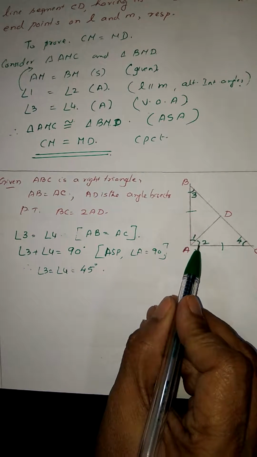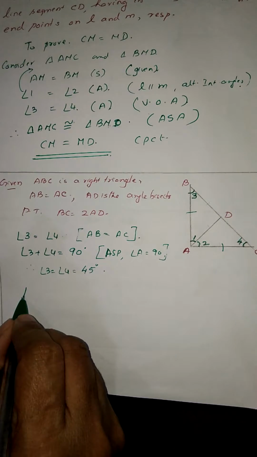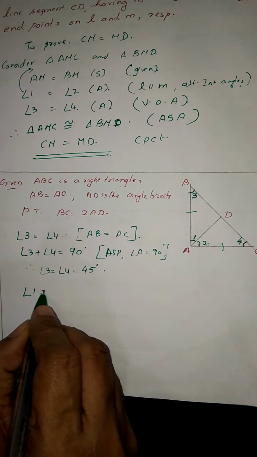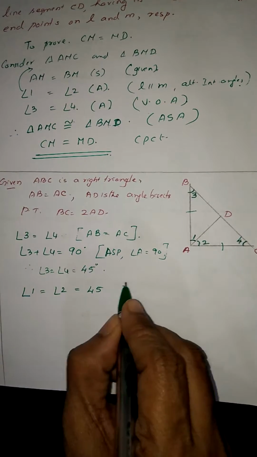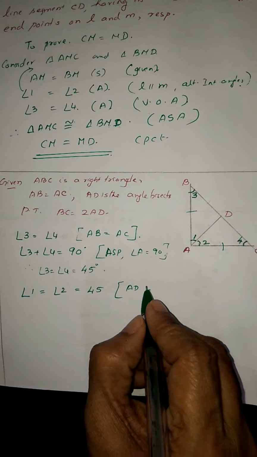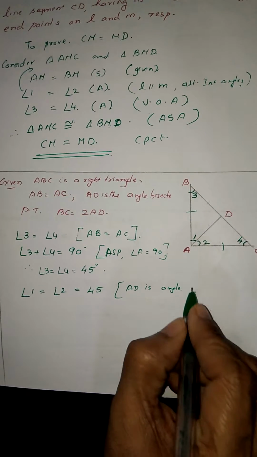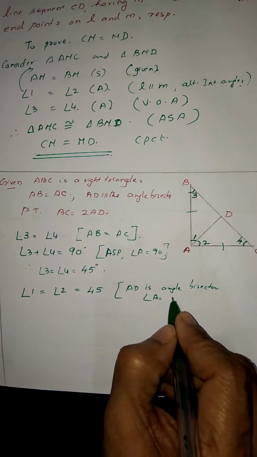Now, angle 1 is equal to angle 2. Angle A is 90 degrees. Therefore, angle 1 is equal to angle 2 is equal to 45 degrees. The reason is AD is the angle bisector and angle A is equal to 90 degrees.